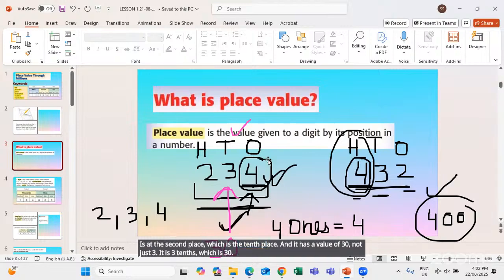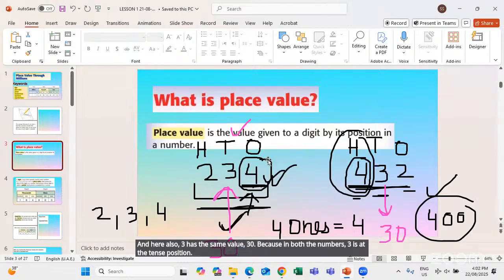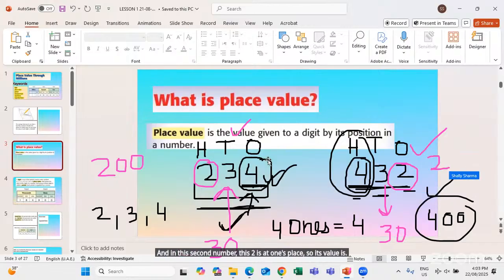And here also 3 has the same value, 30, because in both the numbers 3 is at the tens position. Then if I talk about 2 here, 2 is at the hundreds place, so its value will be 200, not just 2, not just 20, but 200. And in this second number, this 2 is at ones place, so its value is just 2. So that is the concept of place values.